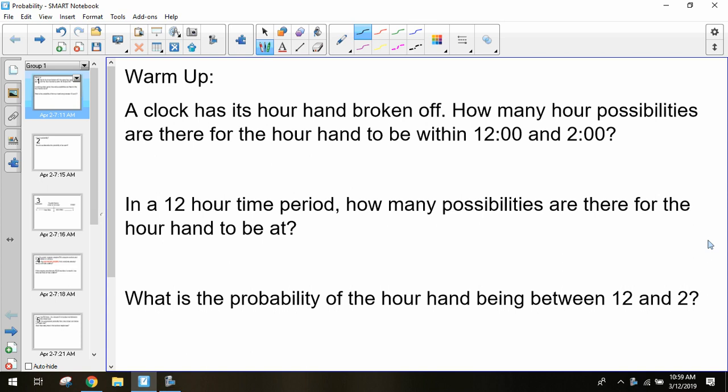Hour hand broken off, how many hour possibilities are there for the hour hand within 12 o'clock and 2 o'clock? So we're looking at what are the possible numbers that the hour hand could be at within that time frame.